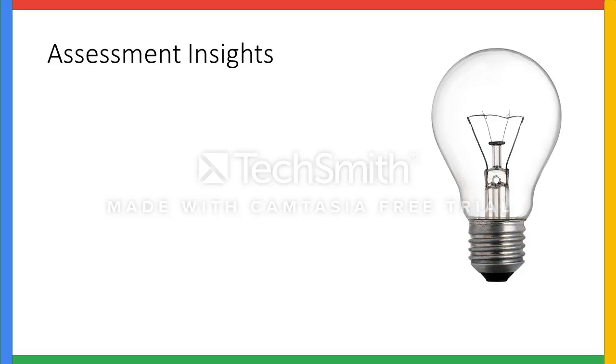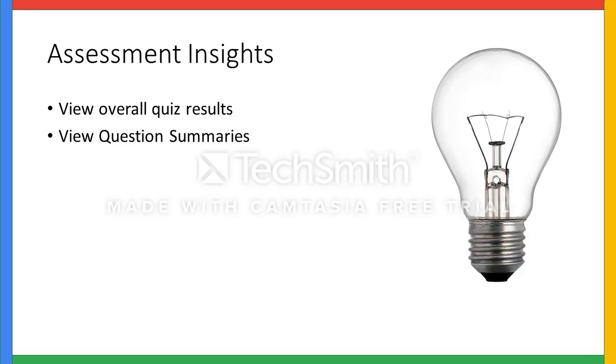A great feature of using Google Forms is that you can receive live feedback and responses. The Google tool will allow you to analyze your assessment and give real insight into your students' learning. So from the Google Form quiz, we can see overall quiz results, including questions that are frequently missed or could have errors. We can see question summaries, which can help you determine which questions are giving students the most issues.